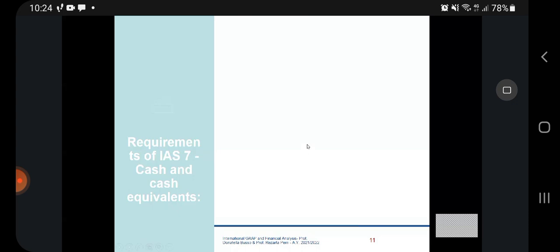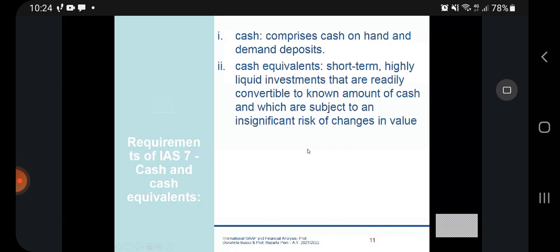But we also have the term cash equivalent, some items that are nearly cash or almost cash. So first of all, cash includes cash on hand and deposits on demand, whereas the cash equivalents represent short-term or highly liquid investments that are readily convertible to known amount of cash and which are subject to an insignificant risk of changes in value.